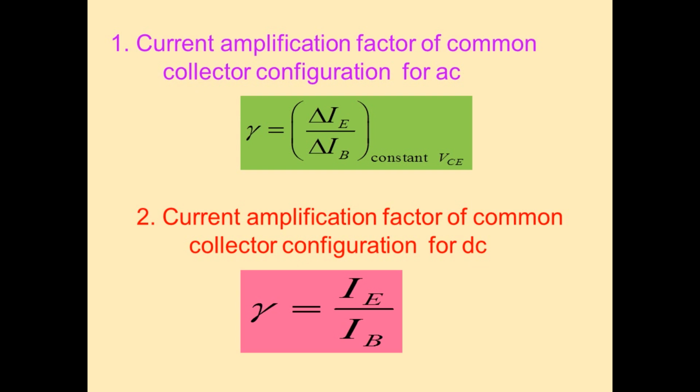So gamma can be written as gamma equal to delta IE by delta IB when VCE kept constant.